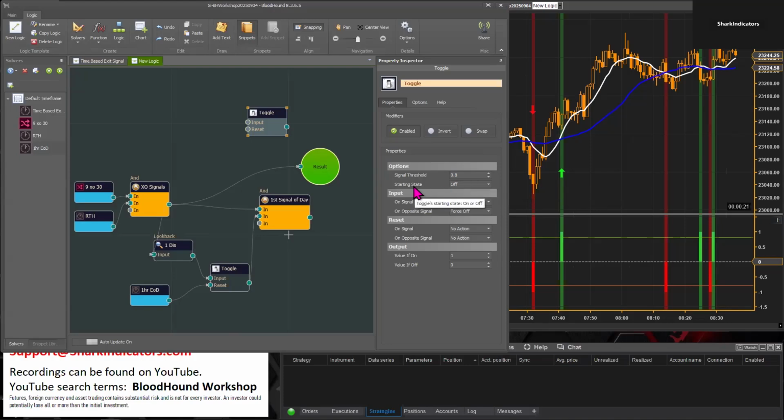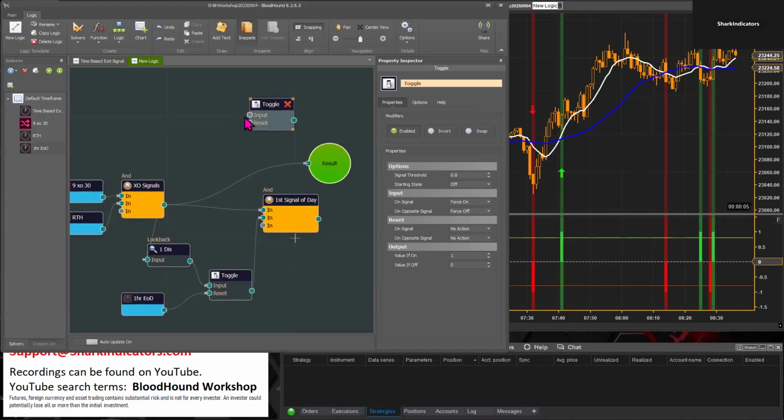All right, starting state, pretty self-explanatory. By default, the toggle node is going to be off, and then you need a signal coming in to turn it on. A signal can go into the input, or it can go into the reset, and the reset could turn it on as well.